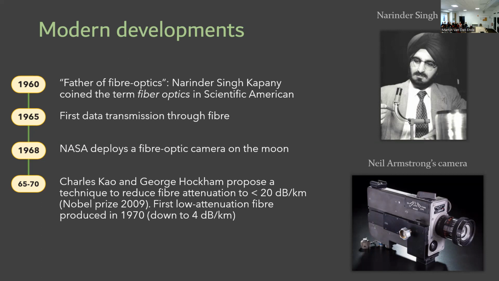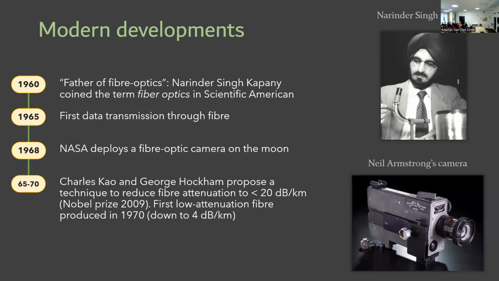It was really the manufacturing technique developed by Kao and Hockham that brought fiber attenuation to less than 20 decibels per kilometer, which made it competitive with copper. This invention actually won the Nobel Prize in 2009. So it is really thanks to these guys that we are able to transmit data over longer distances in fiber.